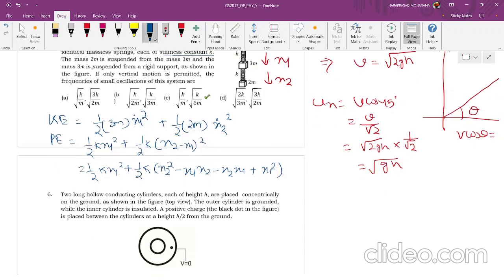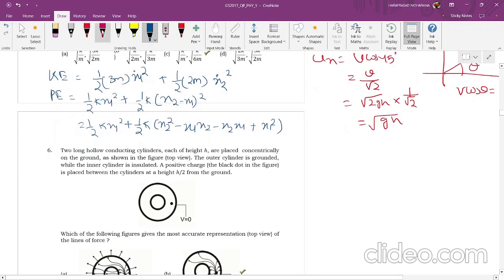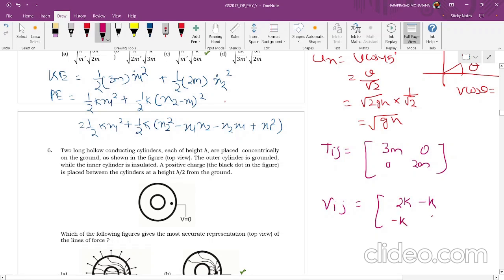And then we have to construct the matrices. For the kinetic energy the matrix will be 3m, 0, 0, 2m. Similarly, V is the potential energy matrix, which will be 2k, minus k, minus k, k. All good.